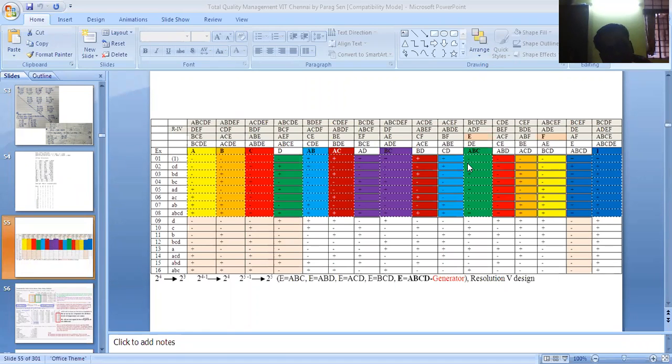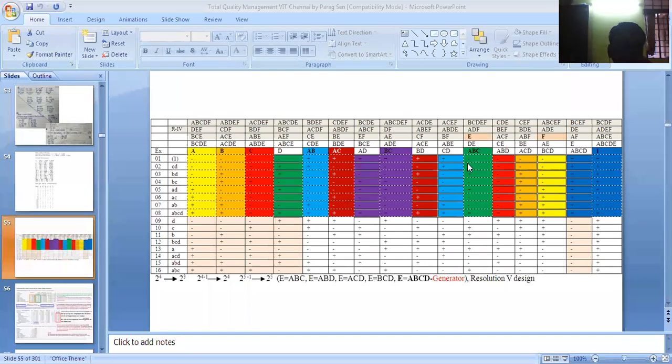So this is the phenomenon: whenever you introduce some new factors, it will definitely match some of the interactions of the previous levels.